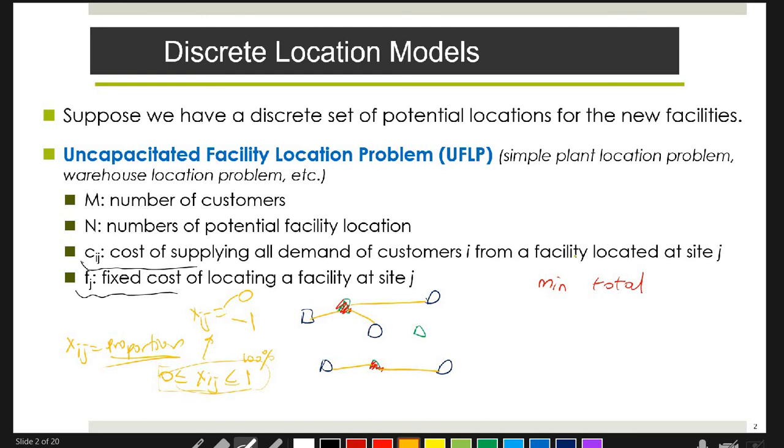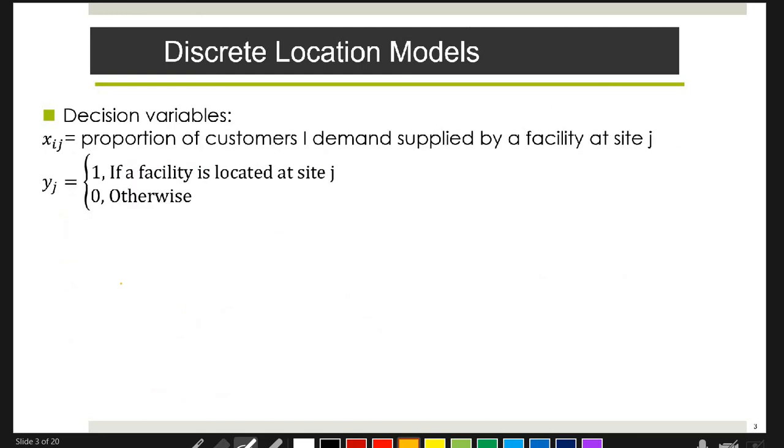Okay? So in order to formulate this problem, we simply define two decision variables. One is Xij. As I said, it is the proportion of the demand of customer i which is satisfied from a facility at site j. And another one: I need to identify if there is a fixed cost related to opening a facility.